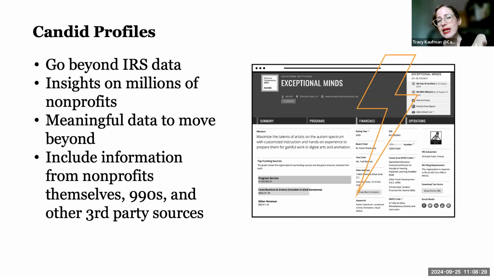And before I really go into it, I would just love to get a sense of people's level of knowledge and experience with this so far. So with that, we do have a poll I would love to launch, which is, does your organization have a seal of transparency yet on its Candid profile?